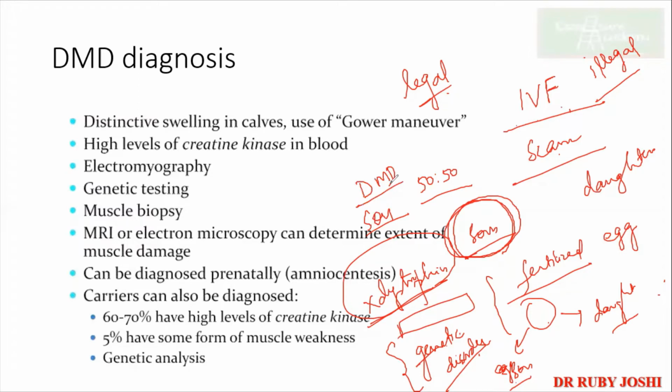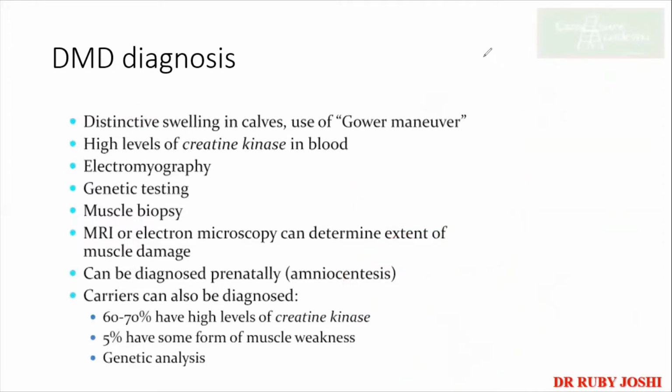Right? Now, there are two ways this has become a scam. In the name of genetic testing, they check which fertilized egg is going to be a son or daughter. Under the name of legal genetic testing, they tell the parents, and of course, when they say that definitely it's going to be a boy, they charge more, and the parents who don't want to know, let it be anything, are charged normally.